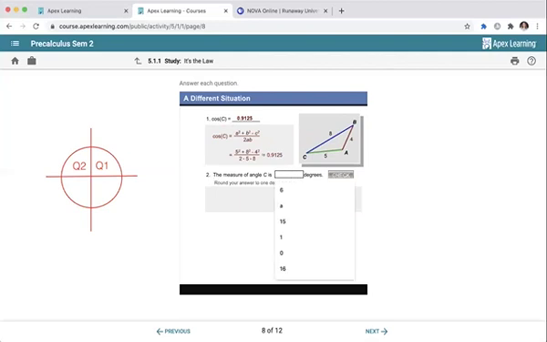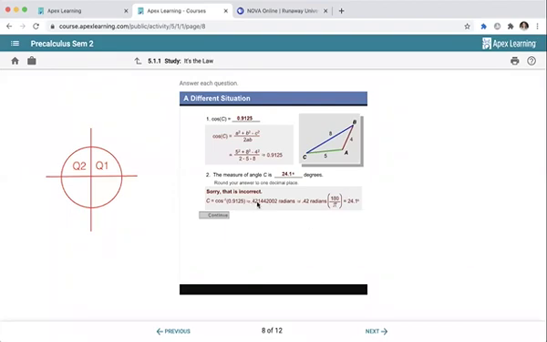So then, if we have cosine of C is equal to our 0.91, this is where we plug in our inverse function. So inverse cosine of 0.91. Depending on what your calculator is in, it'll give it to you either in radians or in degrees.